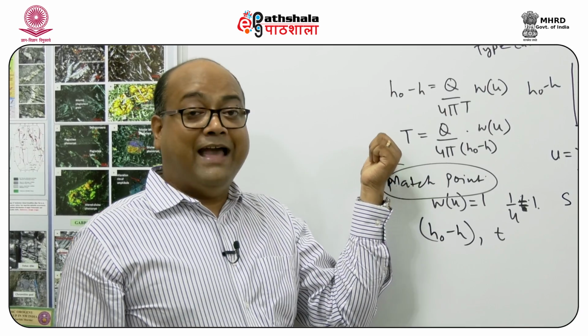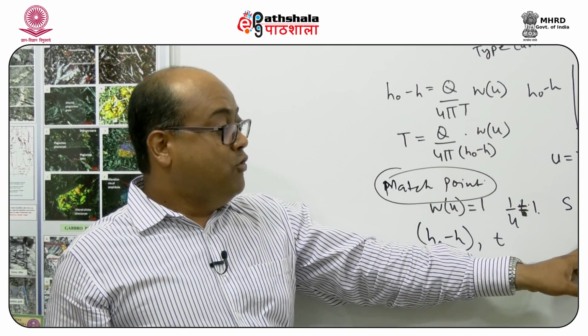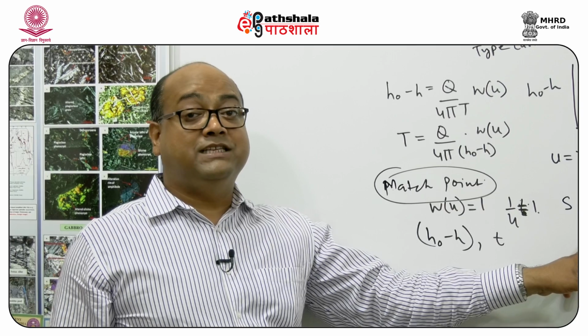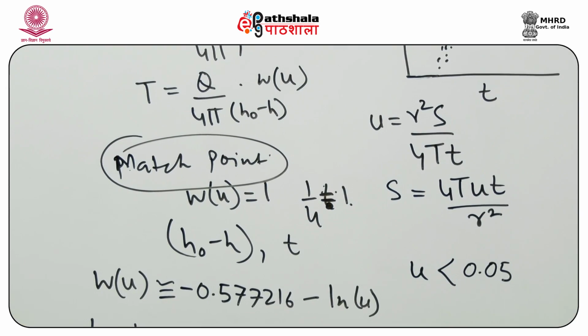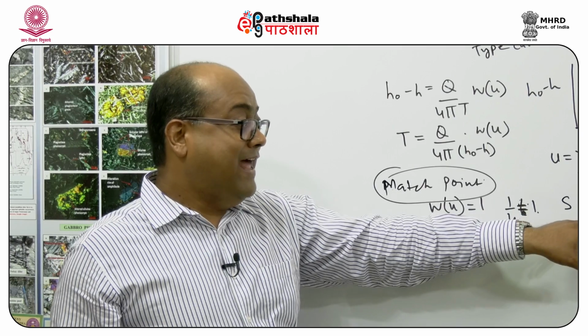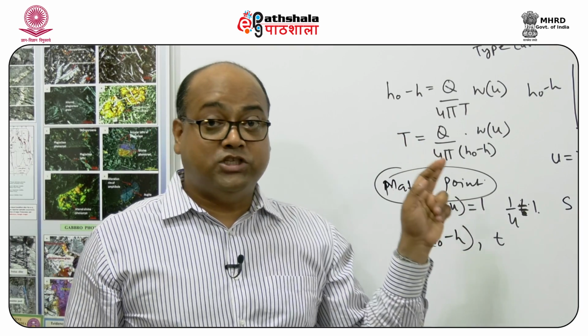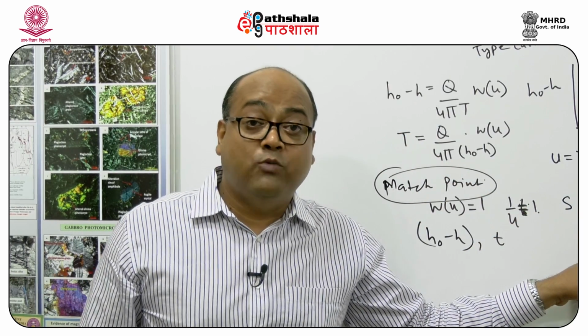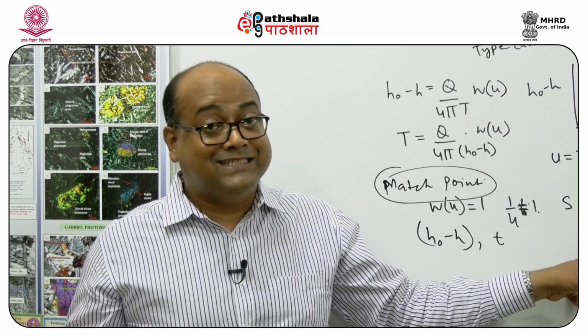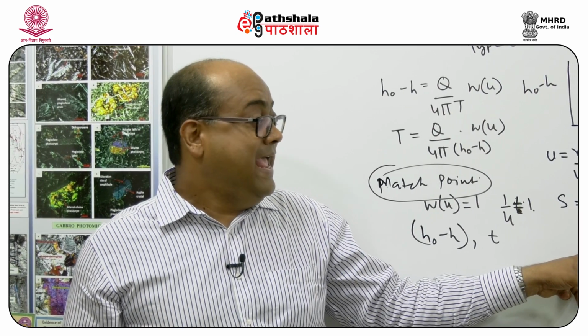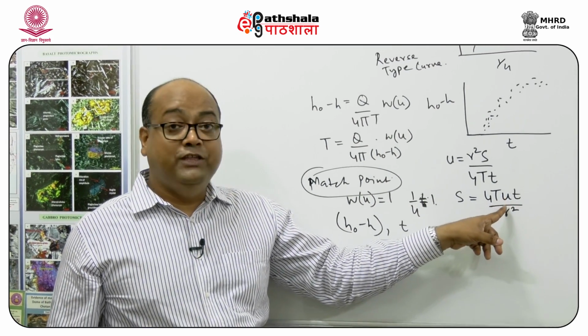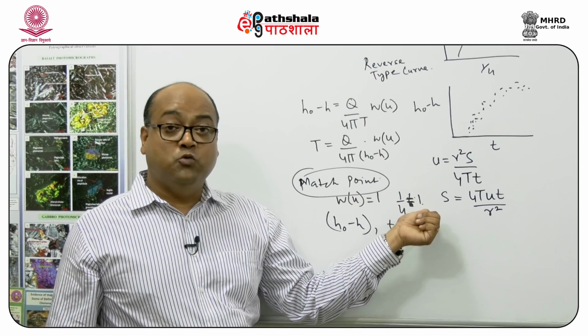Now, once we get the value of transmissivity, we can put it in this equation where we can estimate the value of storativity. Now, how do we know? We know the value of T from the previous equation. We know the value of r squared. Why? Because we know the distance of the observation well from the pumping well. And we know the value of u because 1 by u equals 1.